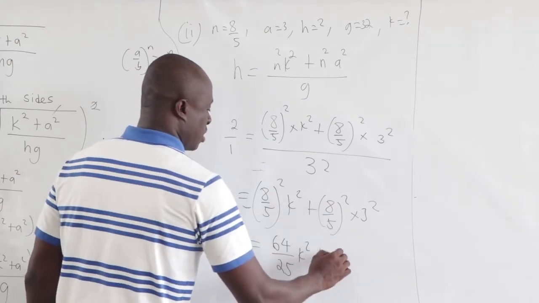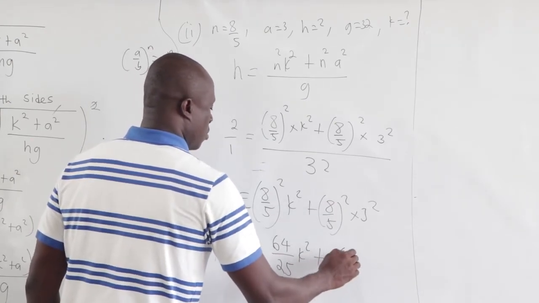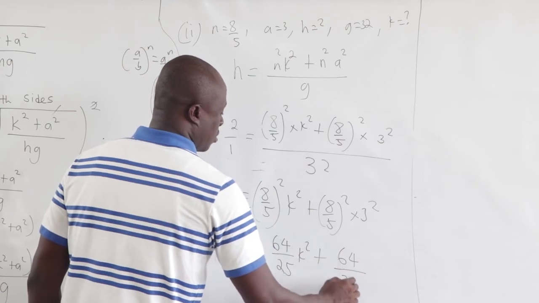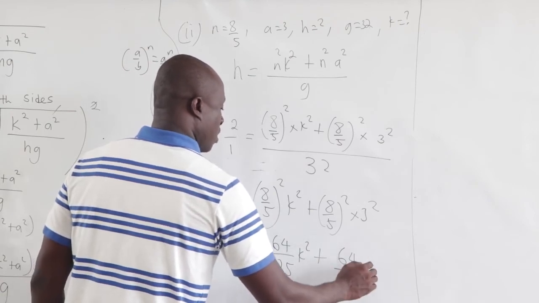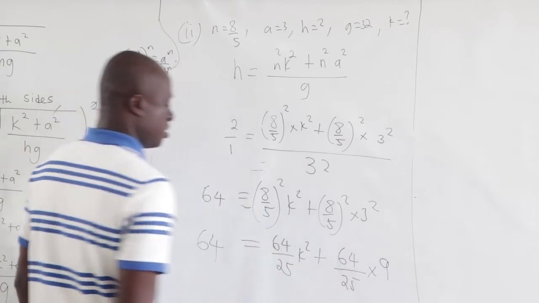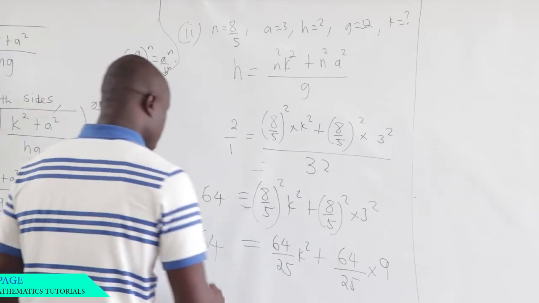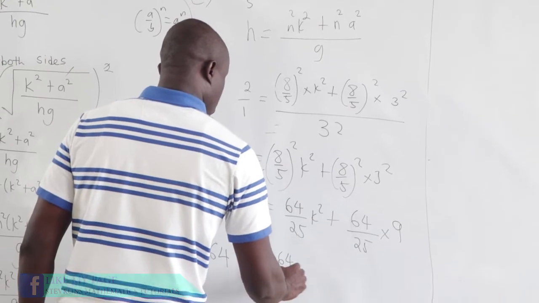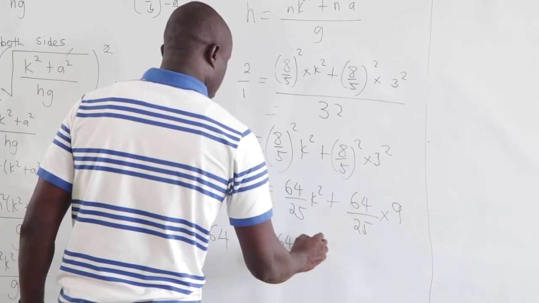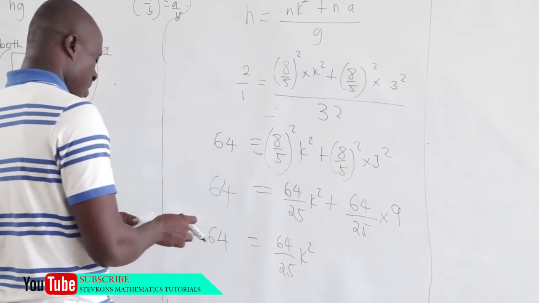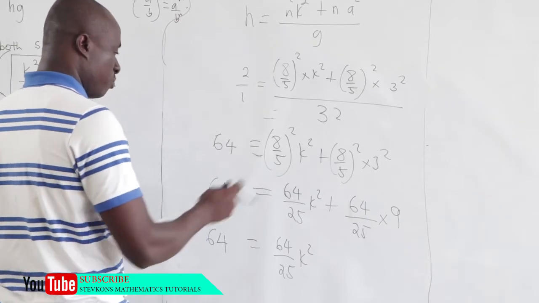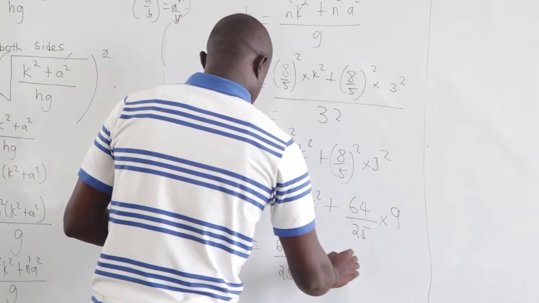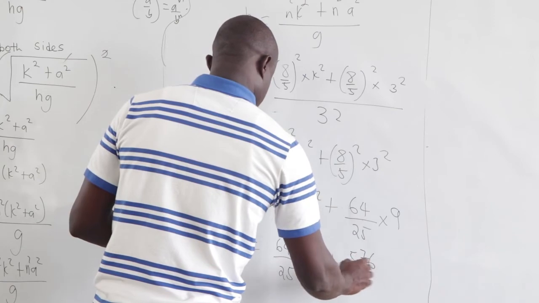The same thing over here, 64 all over 25 times 9. Clearly, we have 64 equal to 64 all over 25 k squared, and when we compute, that is 576 all over 25.